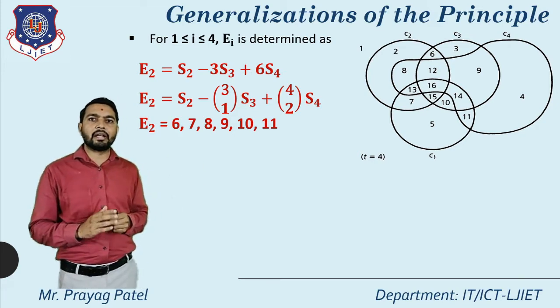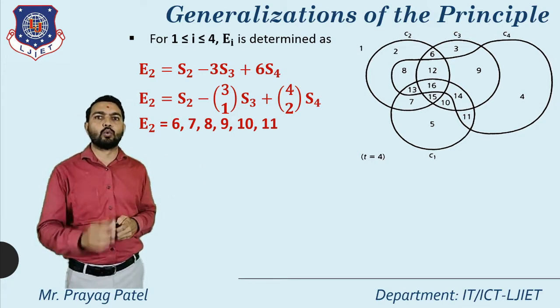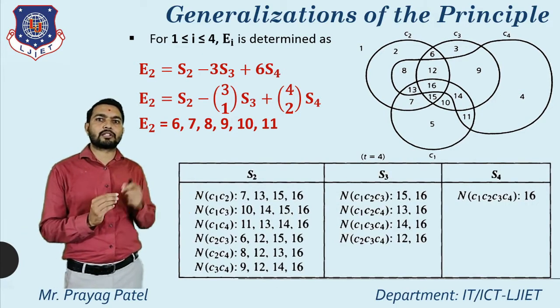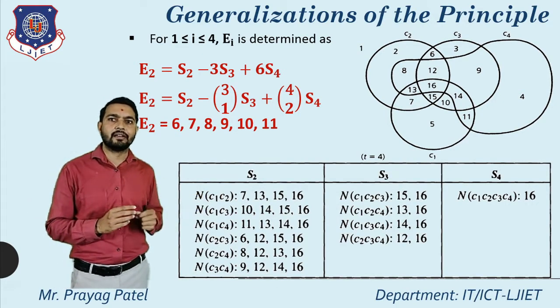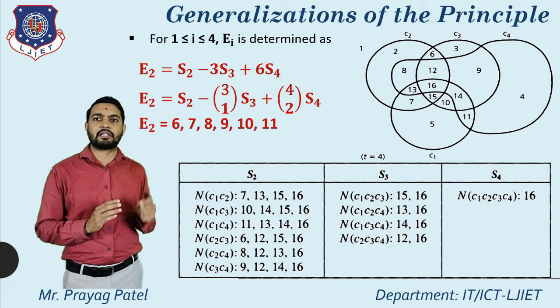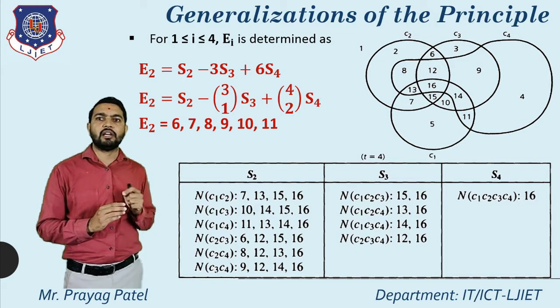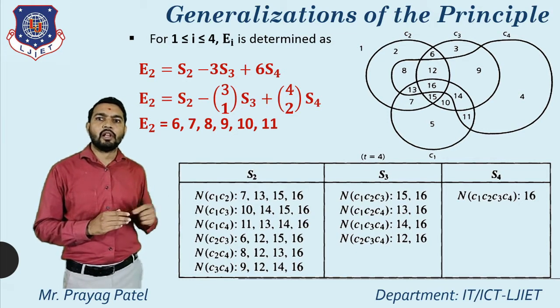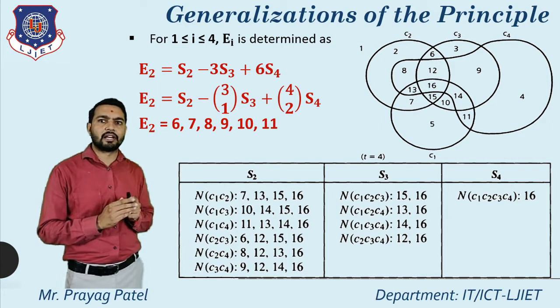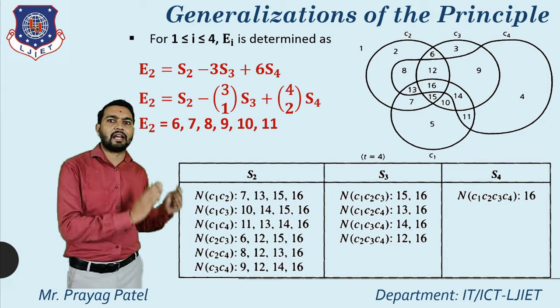So all these elements satisfy exactly two conditions. Now the representation of S2, S3 and S4 is like this. S2 means we consider C1C2, C1C3, C1C4, C2C3, C2C4 and C3C4, and all the values of these C1C2, C1C3 and so on. So this is the resultant value for S2, S3 and S4.